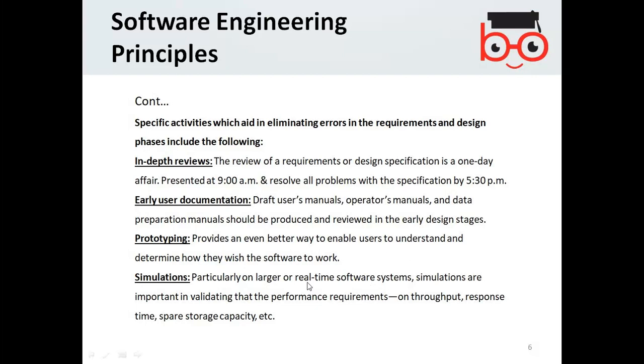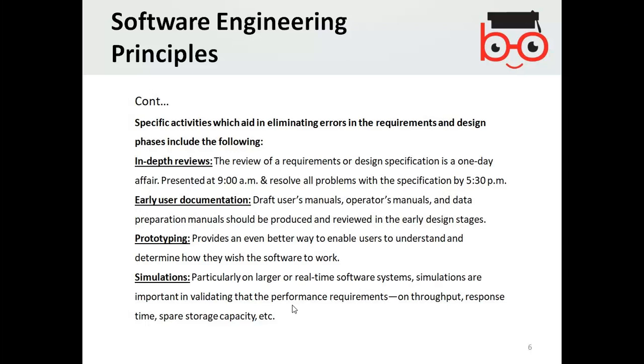Particularly on larger or real software systems, simulations are important in validating performance requirements such as throughput, response time, spare storage capacity. So you can validate your software by reviewing the in-depth components based on the documentation, providing a prototype, or simulating the software.